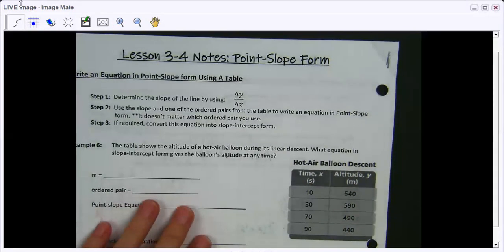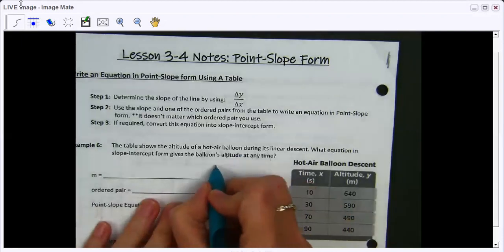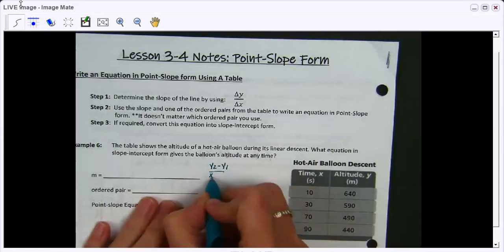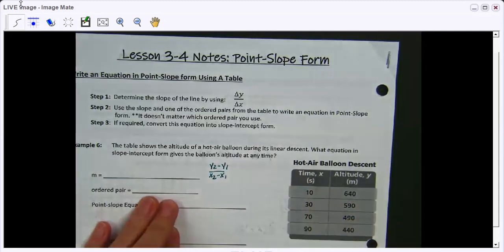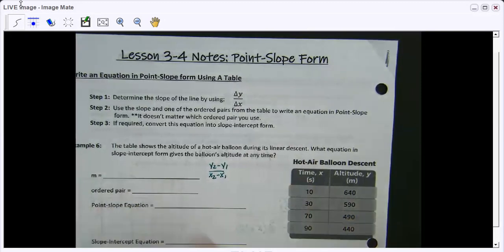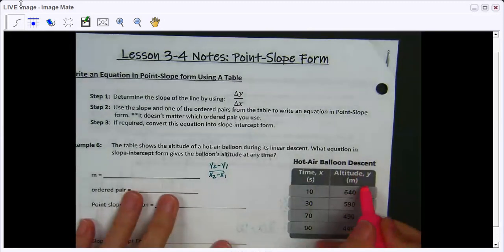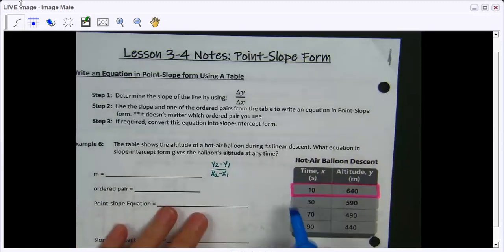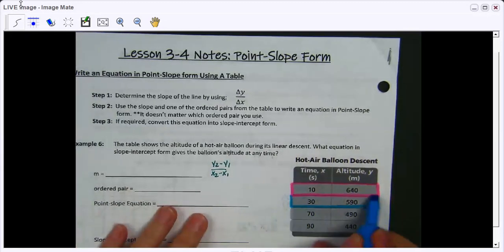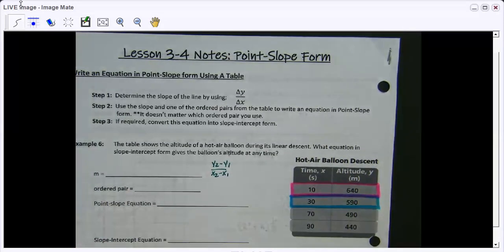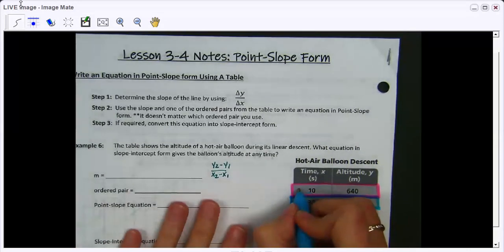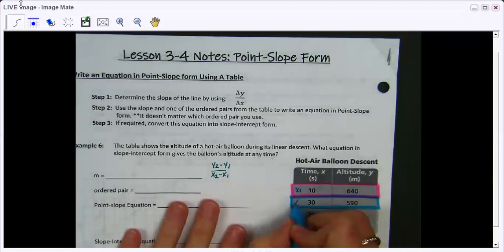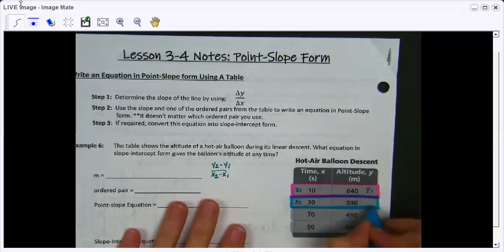Okay, so I'm going to take y2 minus y1 over x2 minus x1. And I am going to use my top 2 points. And I am going to label this x1, x2, and then y1, y2.